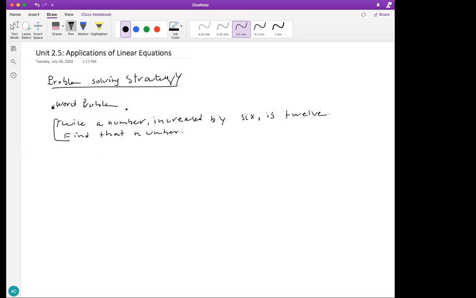Sometimes word problems can be easy to see or understand and solve right away, maybe mentally. Other times, if the problem is longer and has more words and variables and numbers, it might not be as easy to do it in your head quickly. So that's why we have the problem solving strategy. When you have a problem like this, what you want to do first is always read your problem as many times as needed to understand it first.